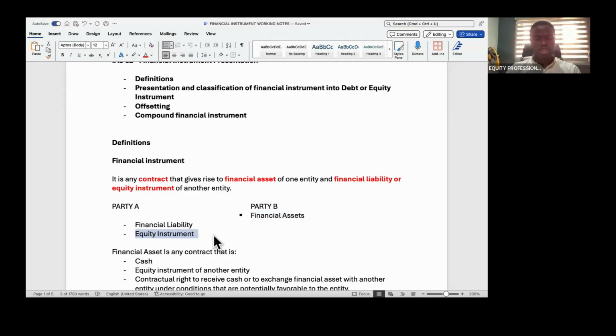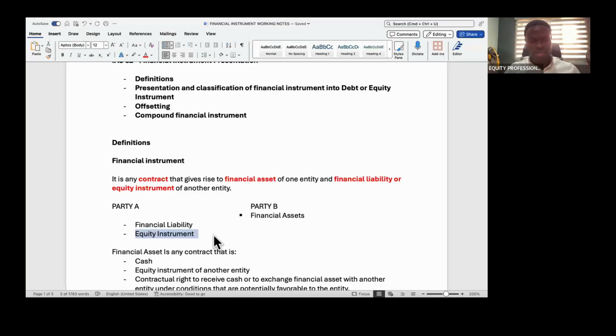If a party is issuing a debt instrument, be sure that most often than not in all cases, because what determines this split is the substance, but most often than not, when a party issues a financial liability or a debt instrument, then that party will have a financial liability. When it's an equity instrument is issuing, then that party would have an equity instrument.